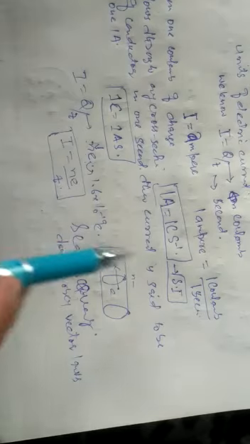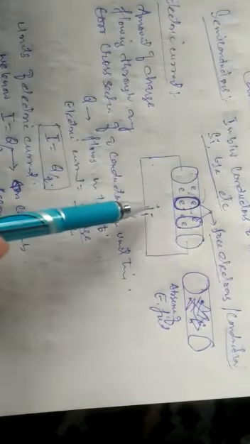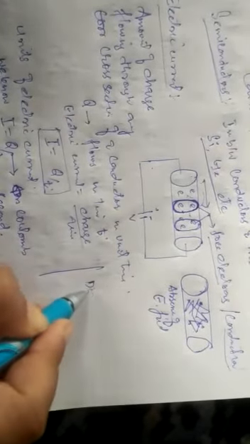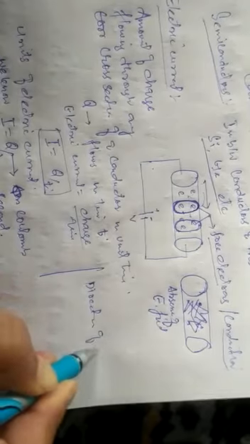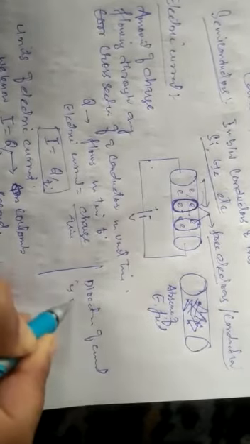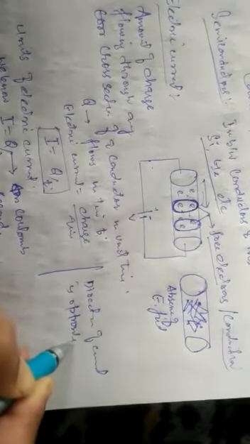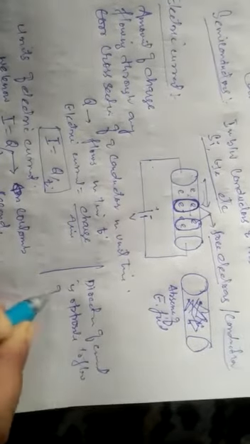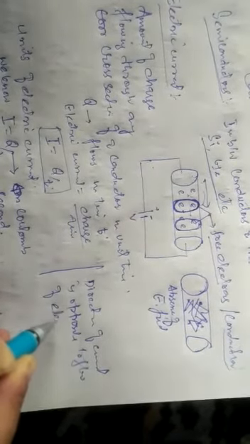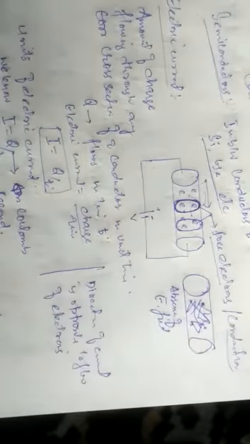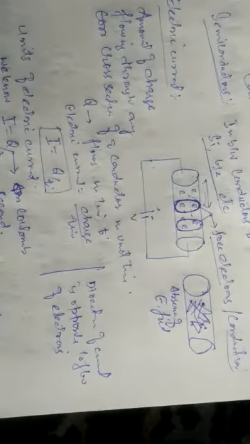The direction of current is from positive to negative, the conventional direction. The direction of current is opposite to the flow of electrons, or negative charge, whatever may be the charge.